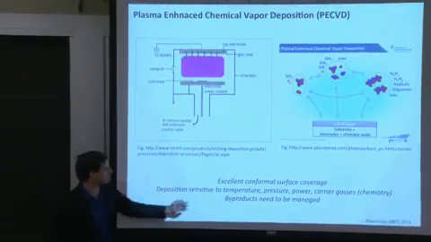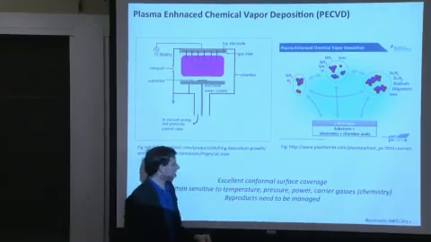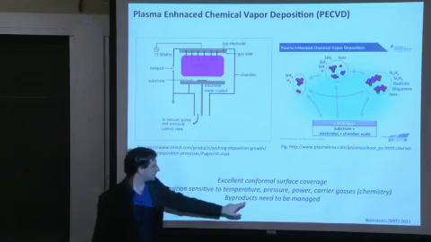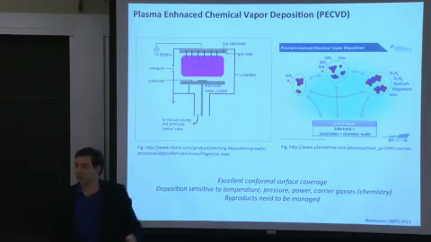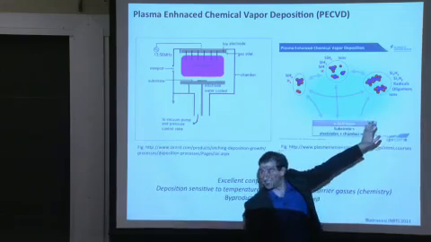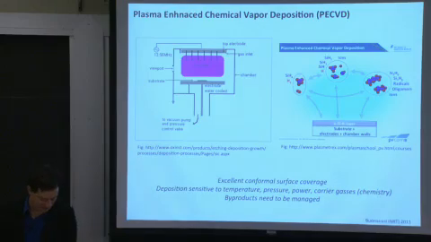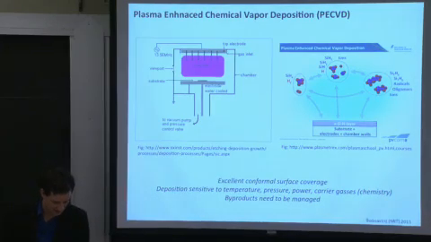The deposition is very sensitive to temperature, pressure, power, carrier gases, as shown here as well. And the byproducts as well need to be managed because sometimes you're sucking out, in this particular case, you could be pulling out silane, as shown right there. And we talked about all of the risks involved with silane in our last class.